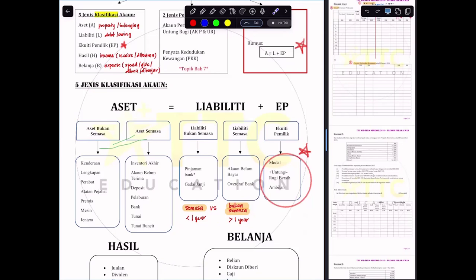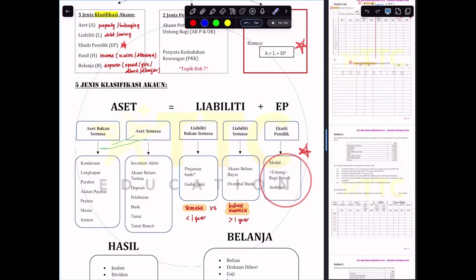So impossible for you to keep it for more than a year, right? You keep it for less than a year, very short term of period. Then it will be asset semasa. And also your money in the bank, your money in the office, your tunai, your saving lah, your investment lah, all those kind of money, the money value will change very frequently in a year. We also call it as asset semasa.